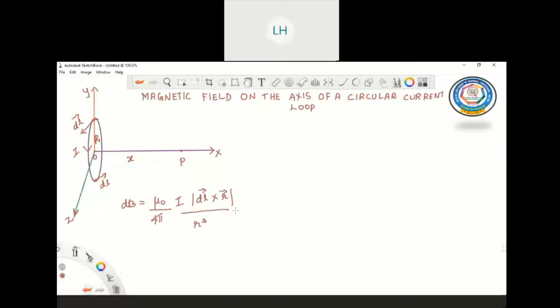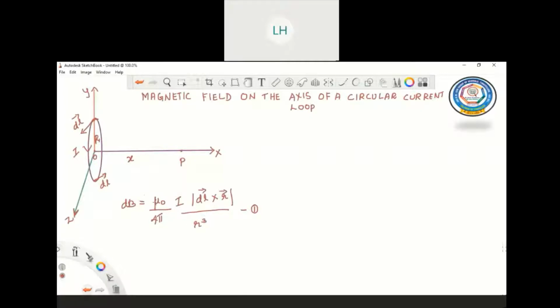Let us consider this is our equation number 1. Already you all are familiar with this expression because you have learned Biot-Savart's law already. So dB is equal to mu naught by 4 pi I dl cross r divided by r cube.